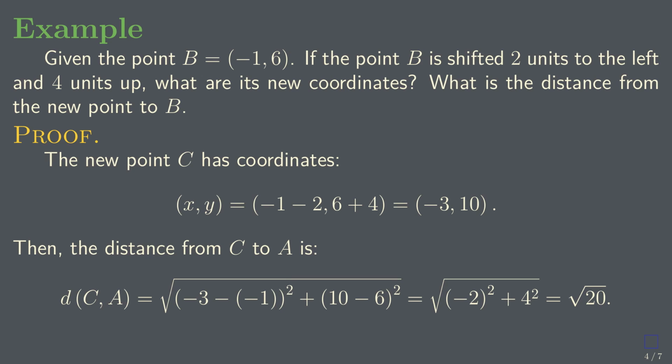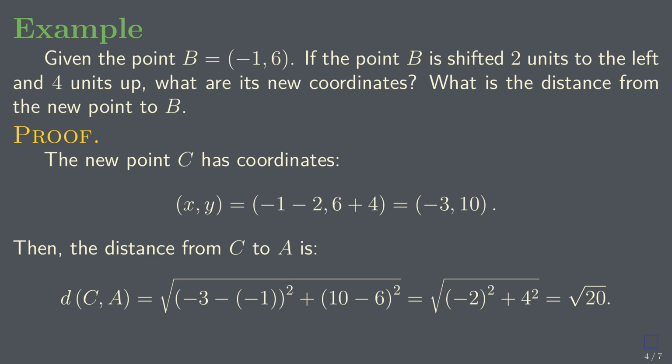The remark we want to make here is that no matter how we shift a point to the left or to the right, as long as it is shifted horizontally, only the number counts and we don't really care about the sign.